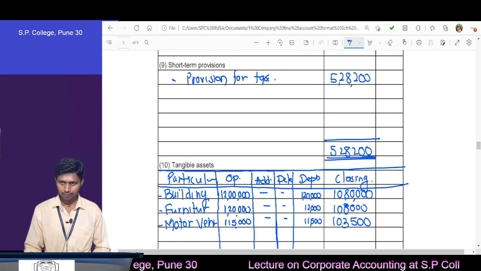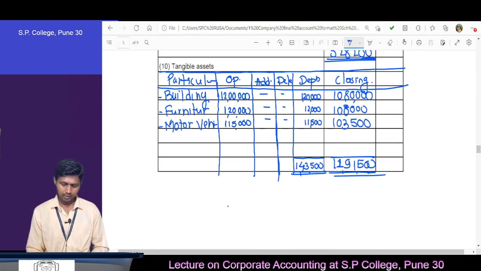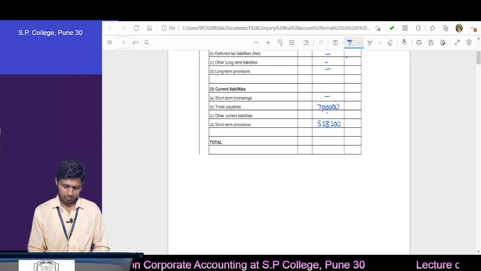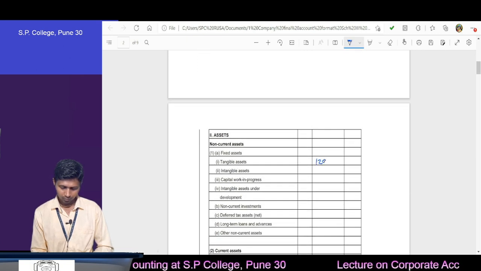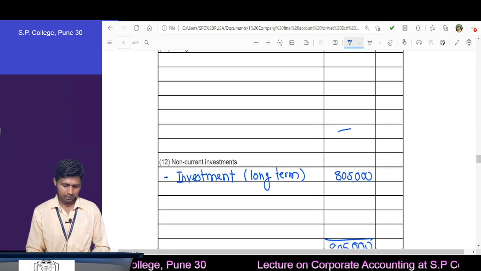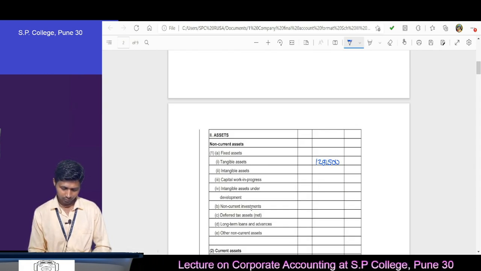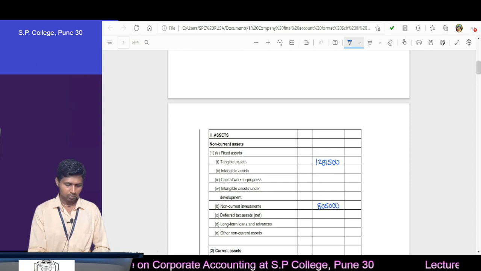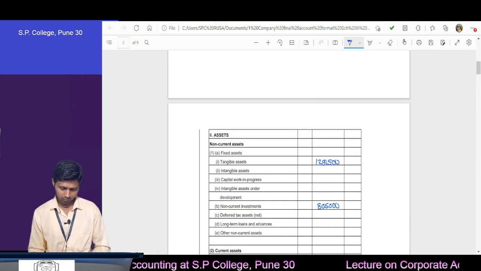Then directly tangible asset. After tangible assets, non-current investment 8,05,000. Long-term loans 2,60,000.